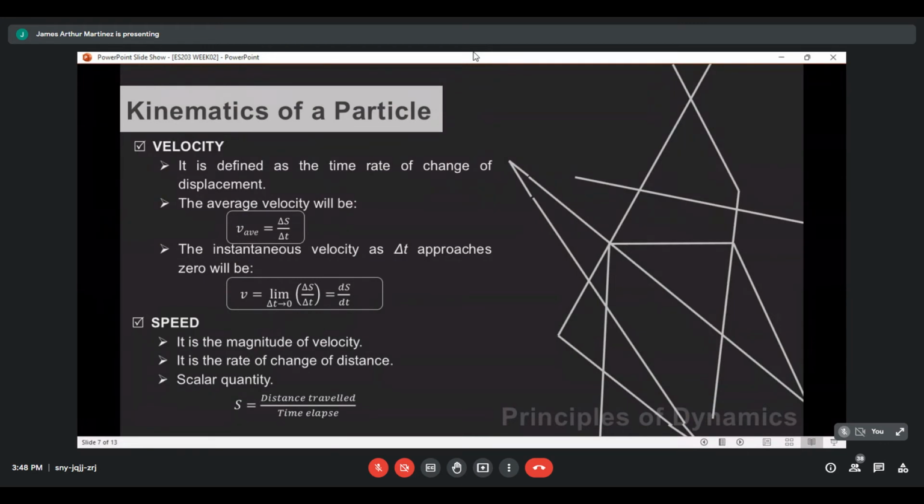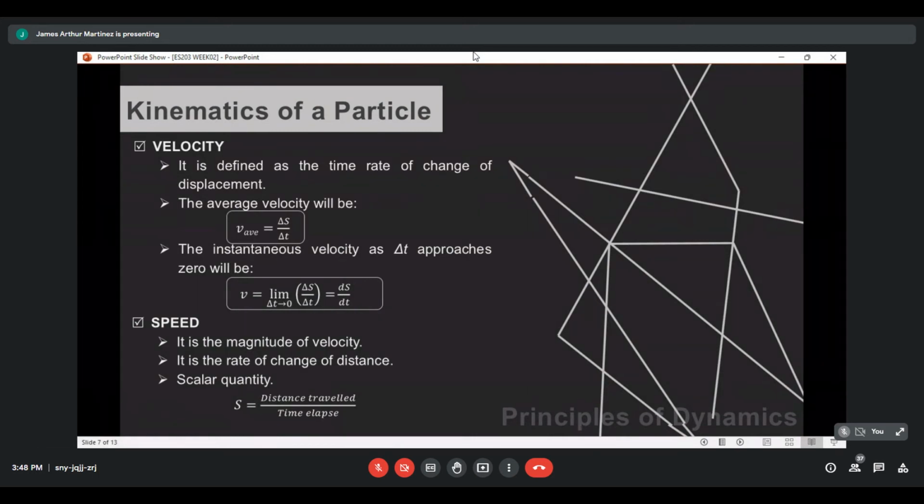Okay. So instantaneous velocity. What does instantaneous velocity mean? You have probably heard of or encountered this since high school, since in high school physics, instantaneous velocity was already introduced. So instantaneous velocity refers to the velocity of a body at a certain point, or at a certain time, or at a certain position.